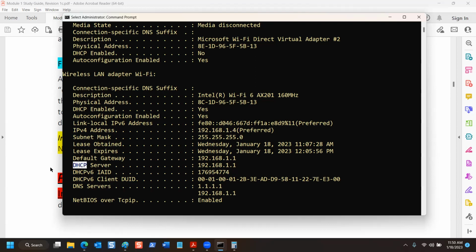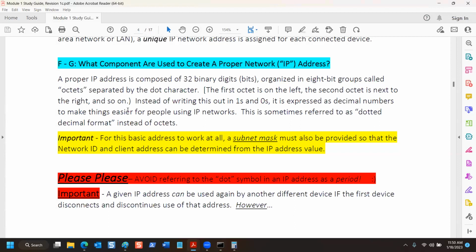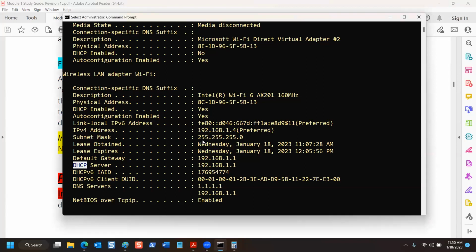And once that happens, an IP address, really, that number is only part of it. The subnet mask is a component of the network address. A proper network address has to include a component called a subnet mask. When you look at this here, what you see is the first half of a network address, a proper network address.